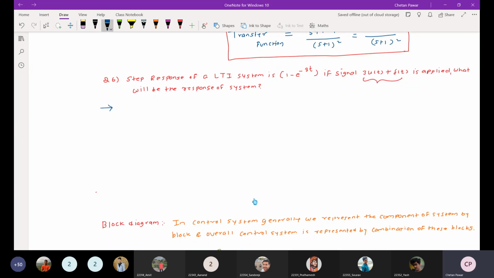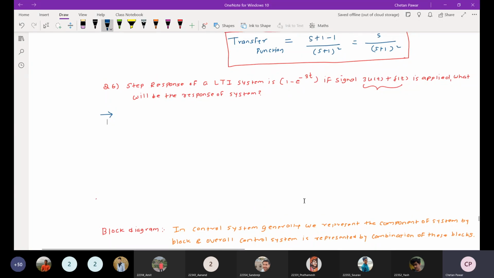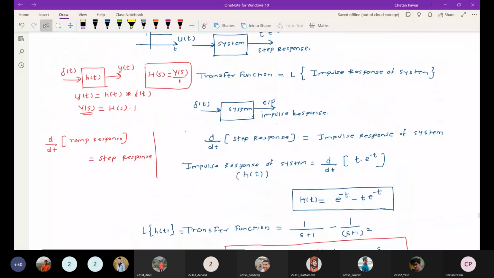As we have seen, if we take the derivative of the step response, we get the impulse response of the system. And if we take the Laplace transform of the impulse response of the system, we get a transfer function.